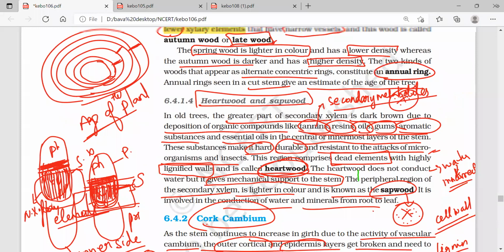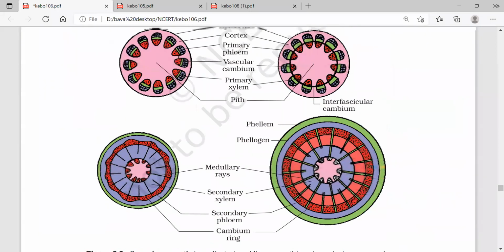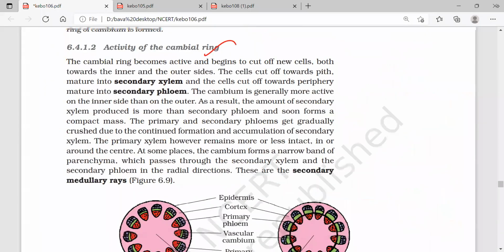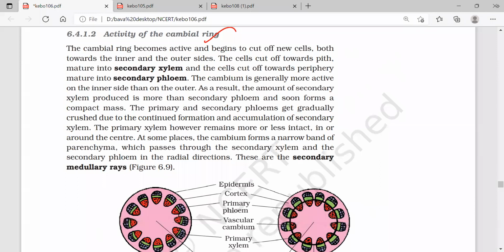I will say some statements here, underline them, questions can be asked. See, the cambium is generally more active on the inner side than the outer side. This is a statement-based question we can expect.